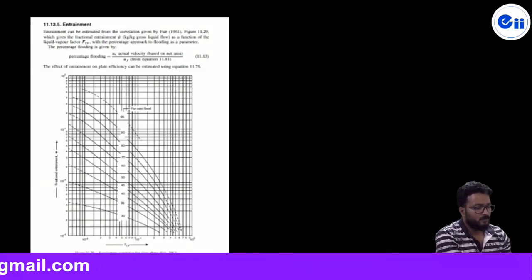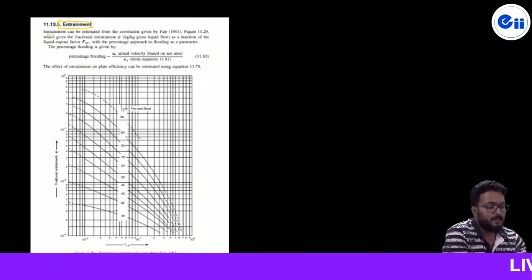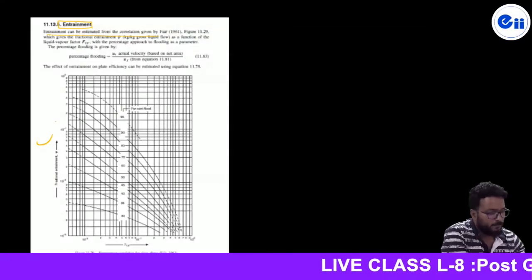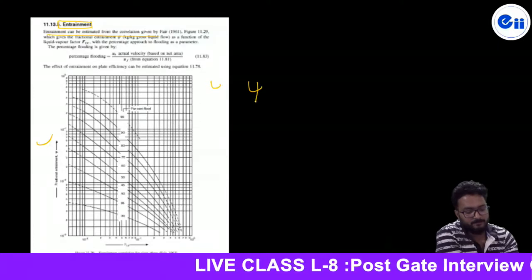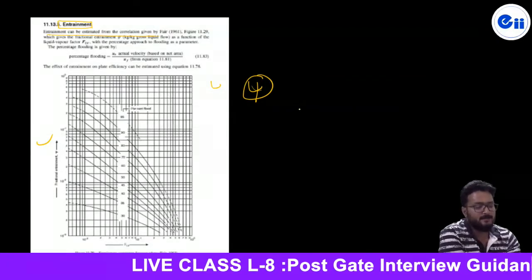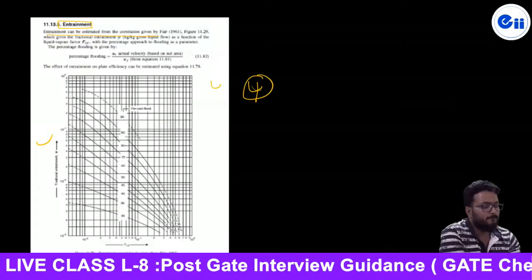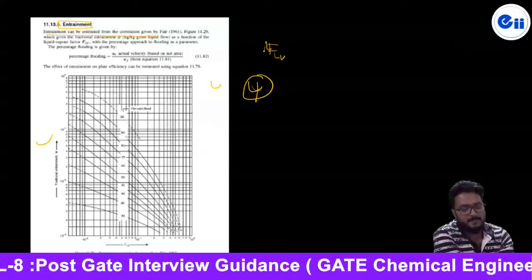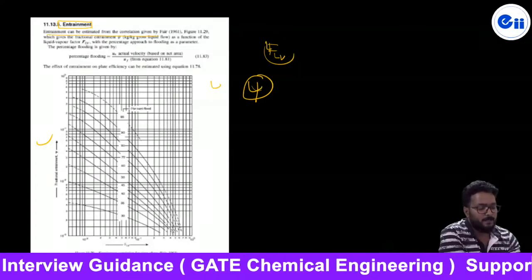Now we will check for entrainment. The entrainment can be estimated from the correlation given by the figure, figure 11.29, which gives the fractional entrainment, called psi. Psi here is called fractional entrainment as a function of the liquid vapor factor, FLV, with the percentage approach to flooding as parameter.